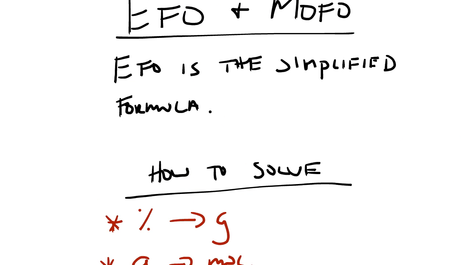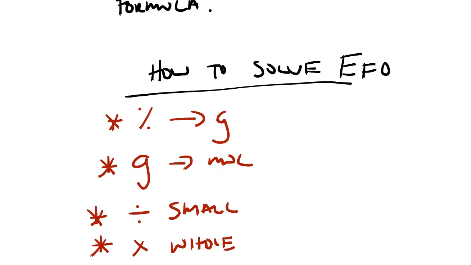The final thing we talked about was empirical formulas versus molecular formulas. And remember that the empirical formula is the simplified formula. How to solve for the empirical formula is this. If you're given percentages, you have to convert that to grams by assuming you're dealing with a 100 gram sample. Once you find grams, you convert that to moles.